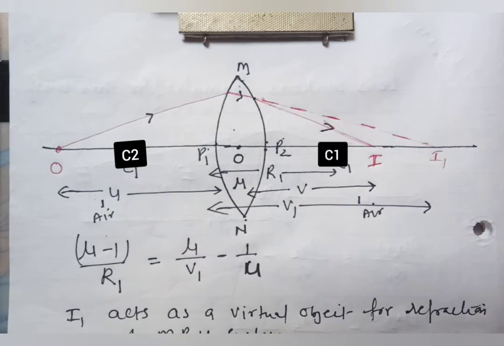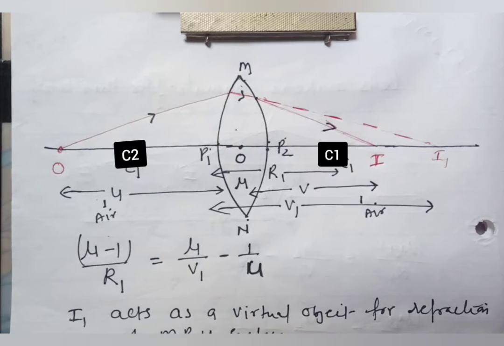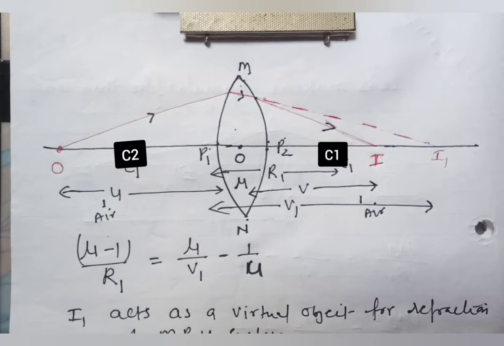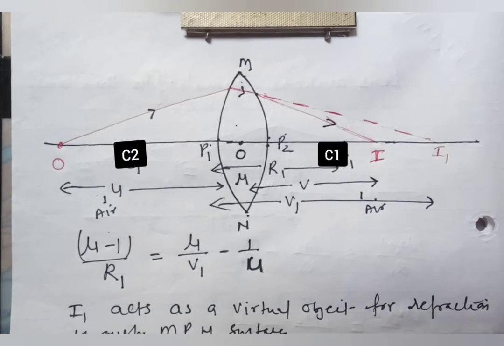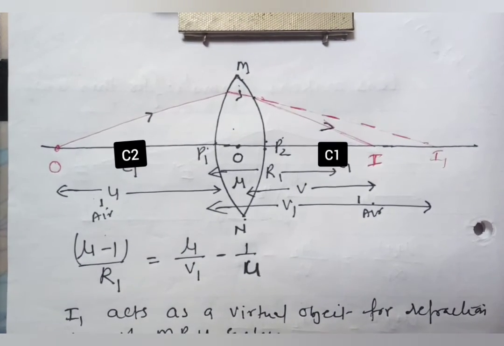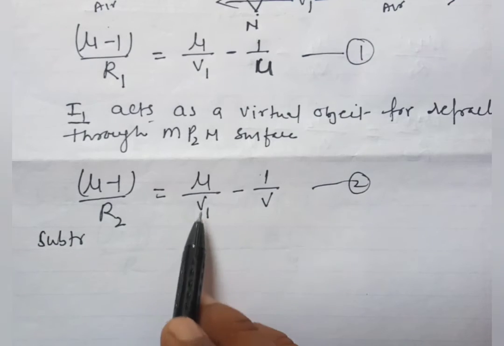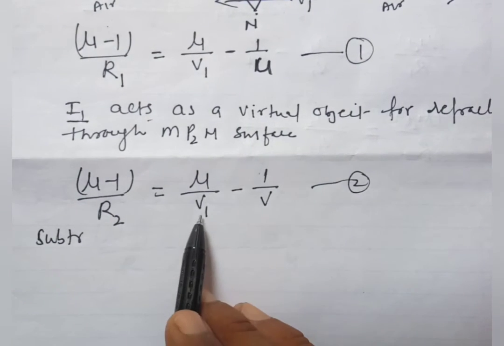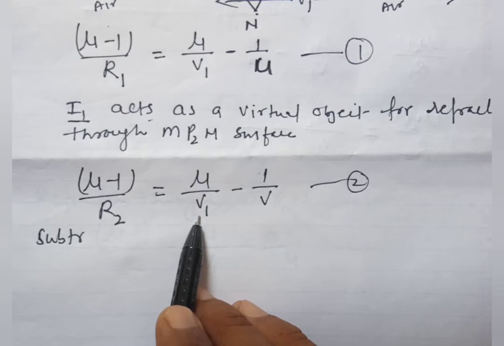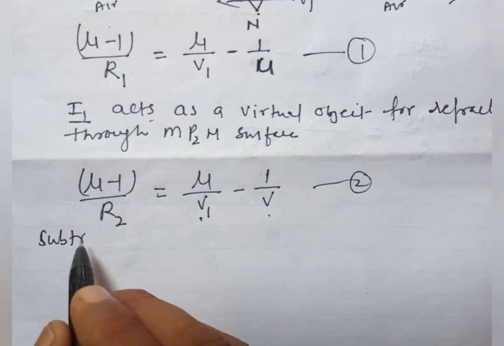Every distance is measured from the optical center except R1 and R2, because it is a thin lens. So mu minus 1 upon R2 is equal to mu upon v1 minus 1 upon v, where this is the object distance and this one is the image distance.